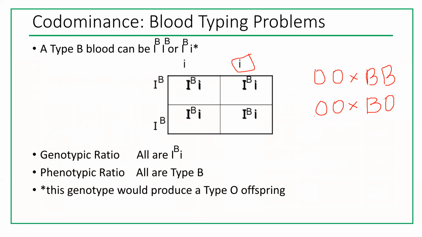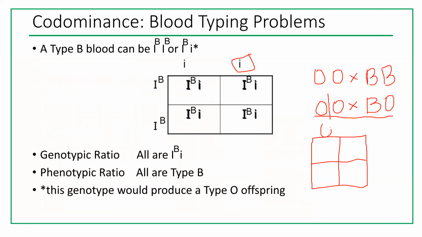Now, if I have these parents over here, how is my Punnett square going to look? Right, here we go. So what I need to do, I need to split these O's, right?